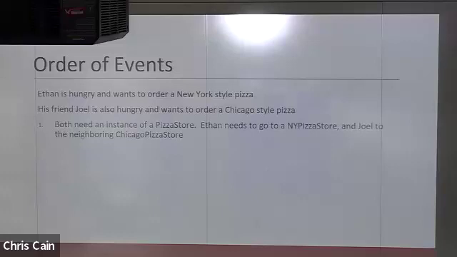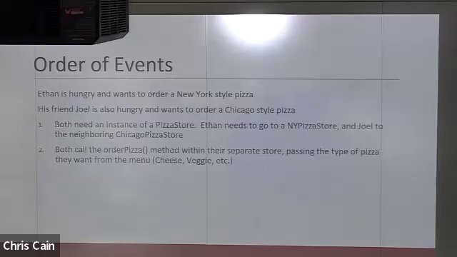Both of them need their own separate pizza store, right? Since a New York pizza is not the same as a Chicago pizza, they're going to have different pizza stores to be able to make the New York style pizza or the Chicago style pizza. Ethan needs to go to a New York pizza store. Joel needs to go to a Chicago pizza store.